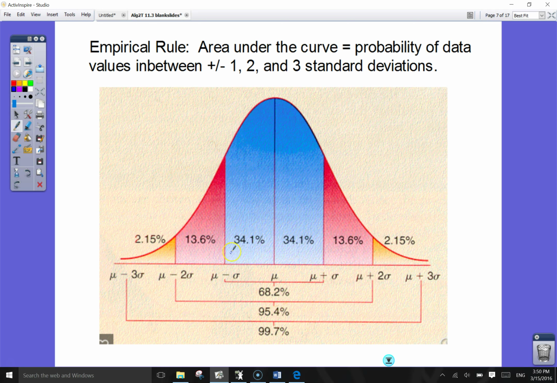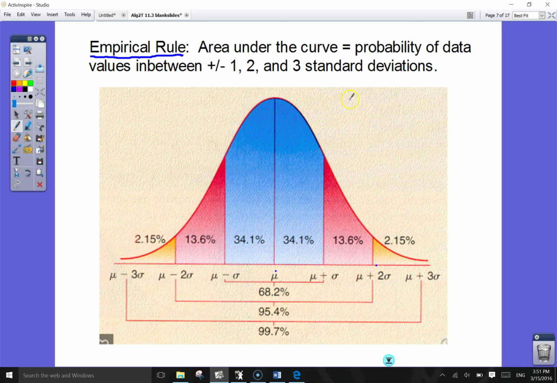The probability of data falling between 1 standard deviation to the left and 1 standard deviation to the right of the mean is 68%, or in this case they've used tenths, so it's 68.2%. The probability of our data falling between -2 standard deviations and +2 standard deviations, 95.4%. And in between -3 and +3, 99.7%. Okay, that's called an empirical rule, right?